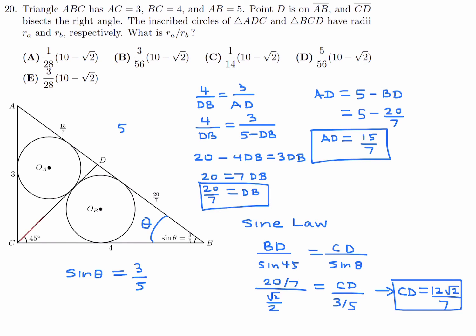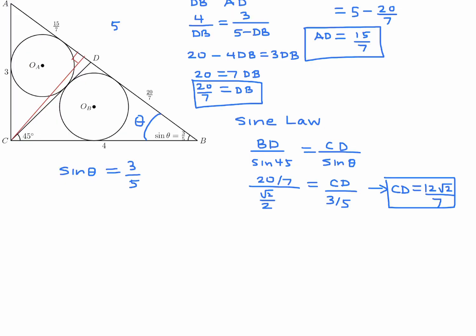I can draw a perpendicular. Please note that CD is not a perpendicular. I know it's tempting to make it one, but it's not. A perpendicular perhaps is going to be something like this. The location of the perpendicular is not important. I just need to illustrate that those two triangles share the same height. And because they do, we have the following relationship.